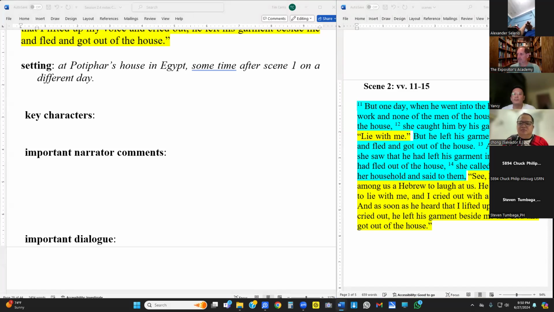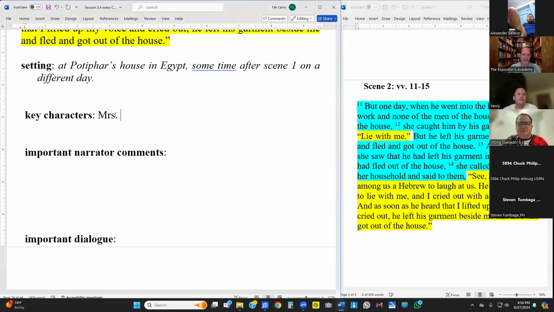So key characters. Who do we have here? The wife, Joseph. We have definitely Potiphar's wife. She's the one who takes action. So again, Mrs. Potiphar.